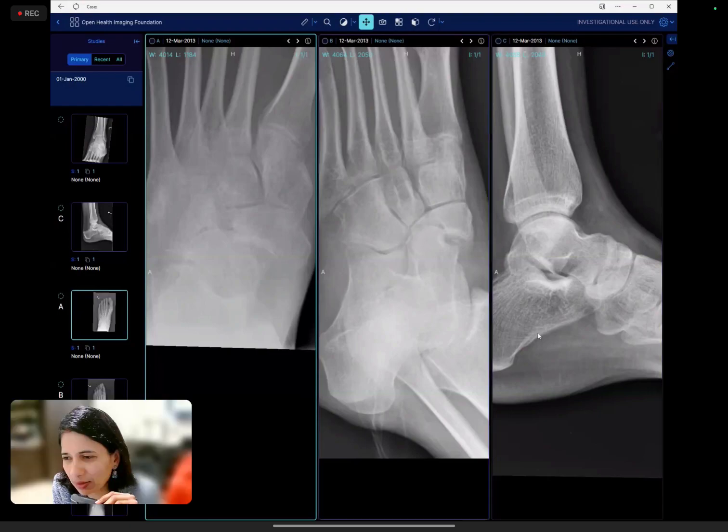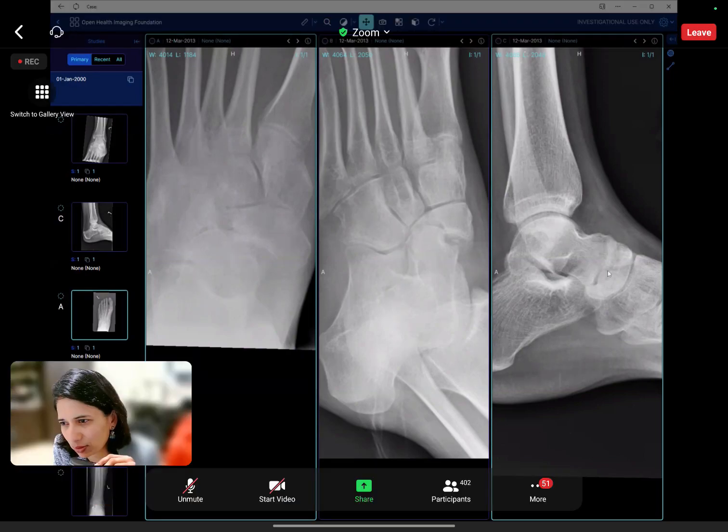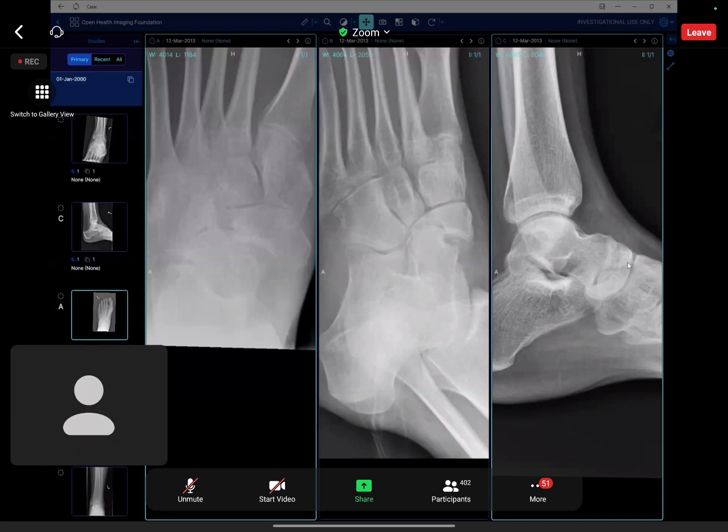Okay. So one thing: on a lateral radiograph, you should be able to see the joints. Can you actually see the talonavicular joint here? Where is the joint? Yes, you can see the two surfaces.